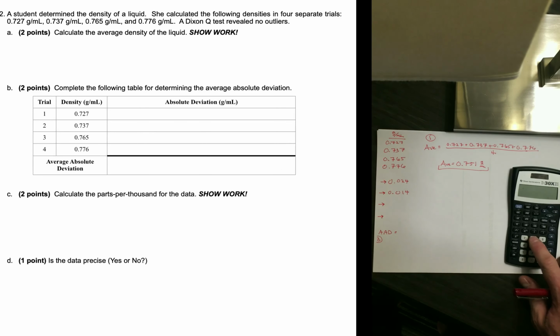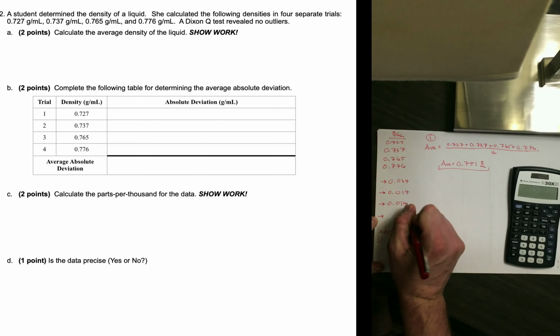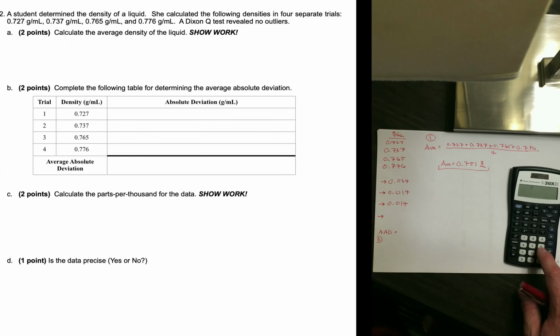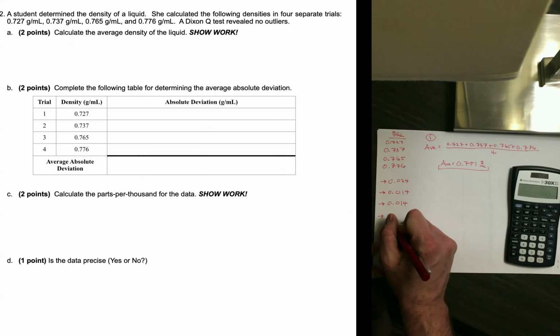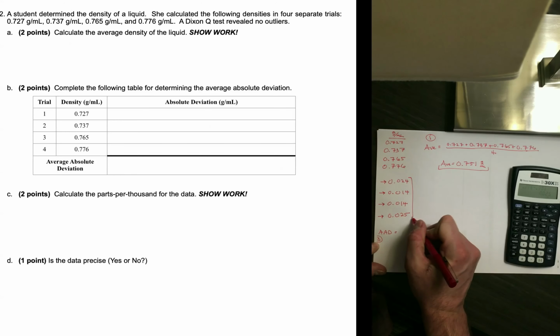The next one, 0.765 minus 0.751, the average, and I get 0.014. That one came out positive. And one more, 0.776 minus 0.751, and I get an absolute deviation of 0.025. So these are my absolute deviations.